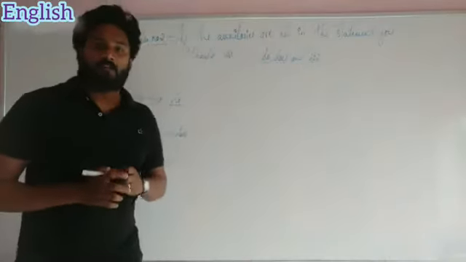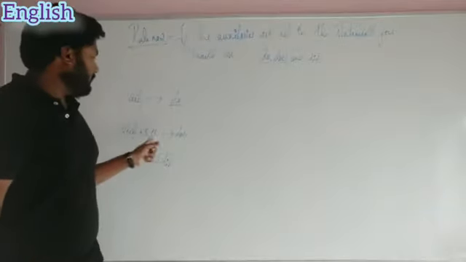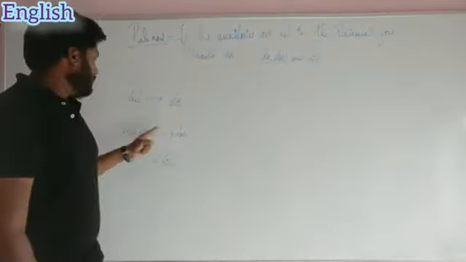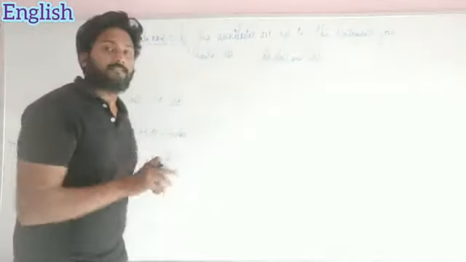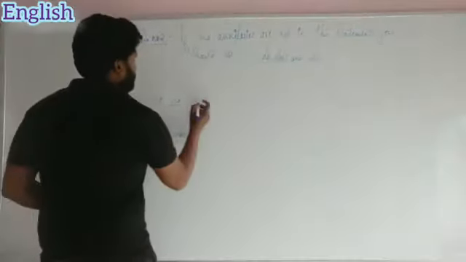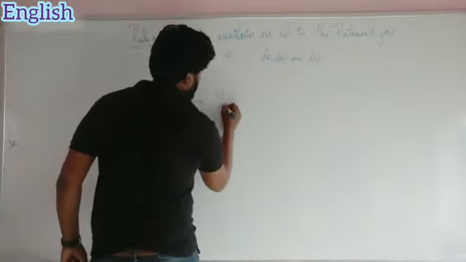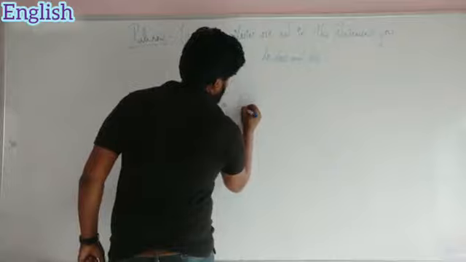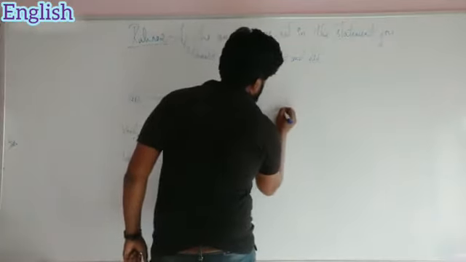See, first form of verb: do. First form of verb with s or es: does. And the second form of verb: did. See, some examples are here for you. You speak English.